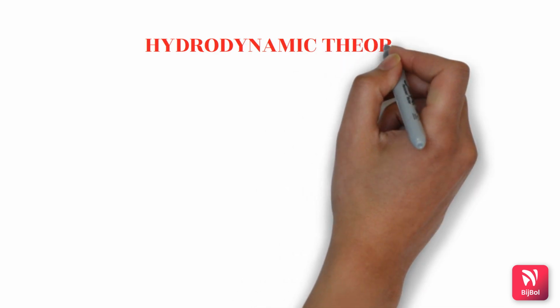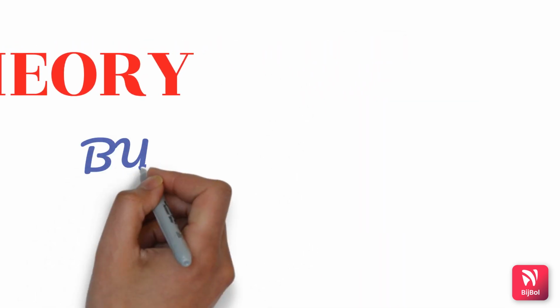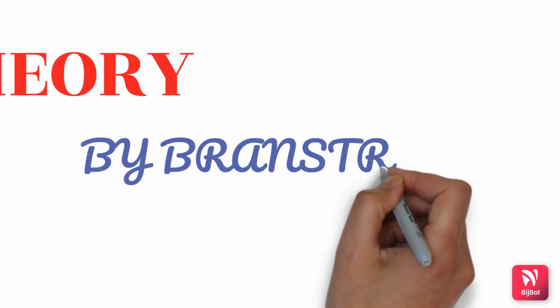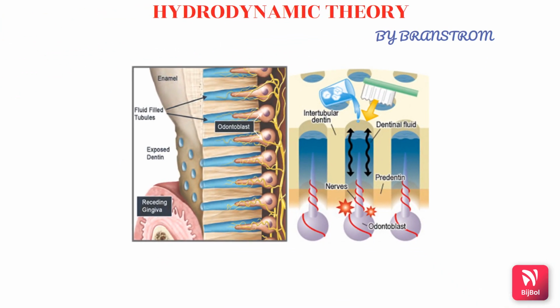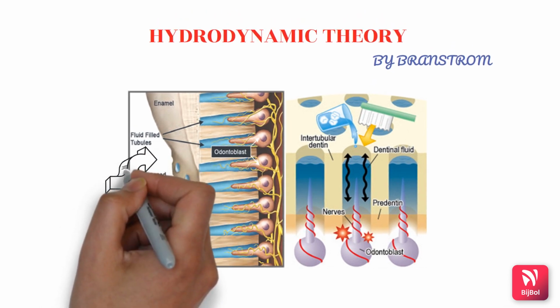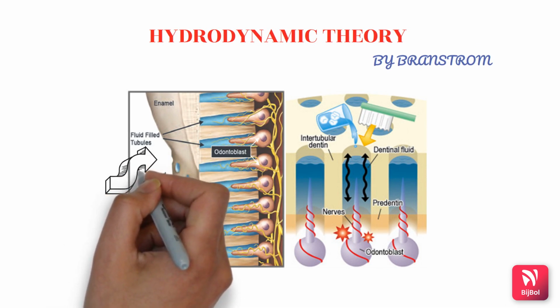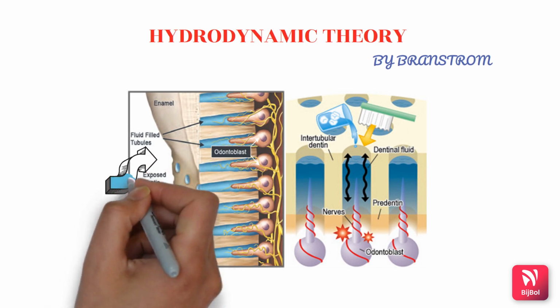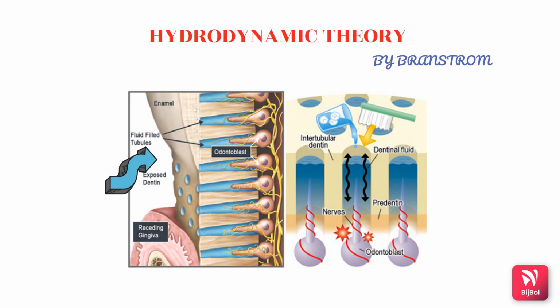Next theory we'll see is the hydrodynamic theory, which was proposed by Brännström, and it is the most accepted theory because structurally the dentin has 30,000 dentinal tubules per mm cube, and they are filled with dentinal fluid. In a vital tooth, there is a constant slow outward movement of this fluid through the dentinal tubule.